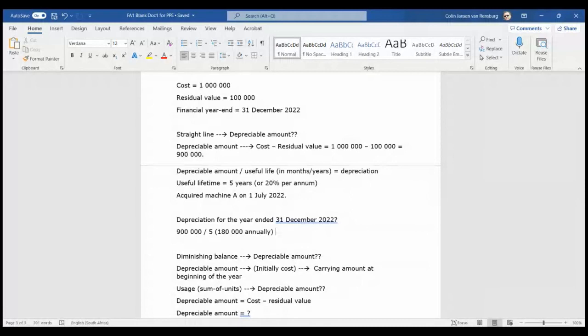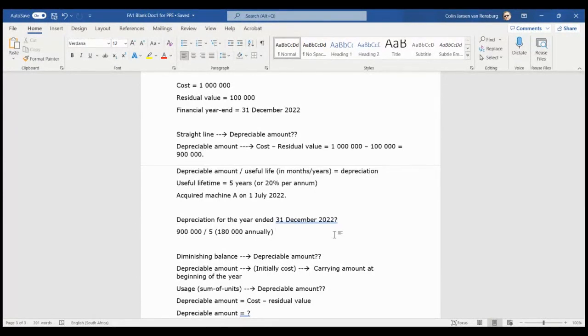So if we take July, August, September, October, November, December, and don't be shy to count on your fingers. Even at my age, I still sometimes do it. So no problem. I also get 6 months. So it was only available for use for 6 months. So we cannot depreciate it for a full financial year. We can only depreciate it for half of the financial year.